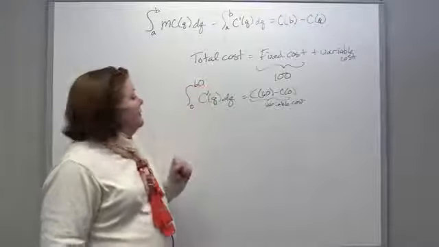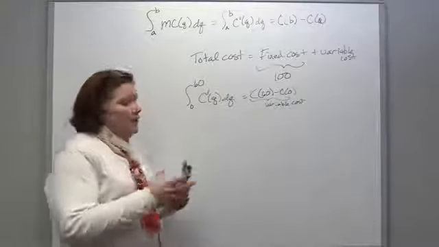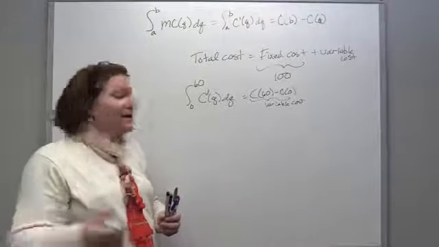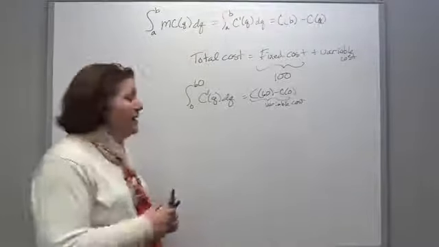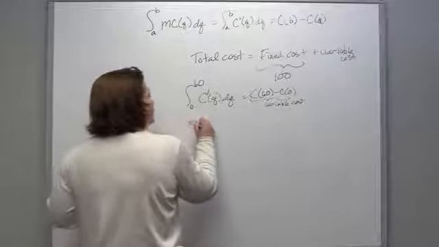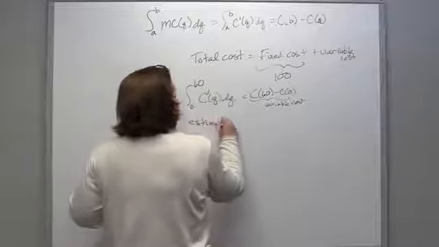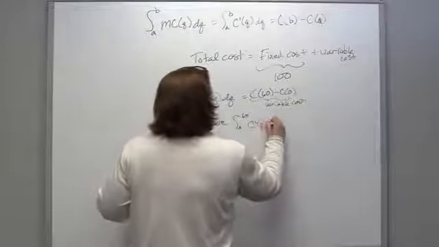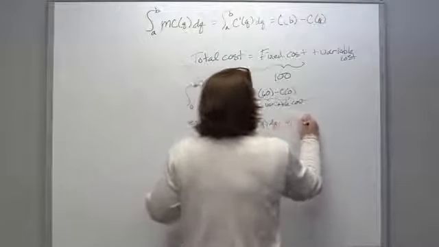Right. So with this in mind, they ask us in part A to estimate this cost. We have data, so all we can do is estimate this cost. So we're going to estimate the integral with Riemann sums.